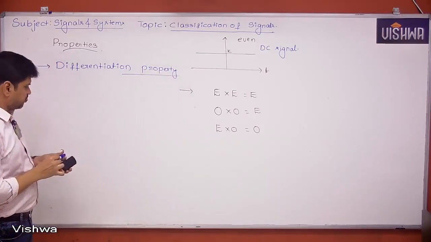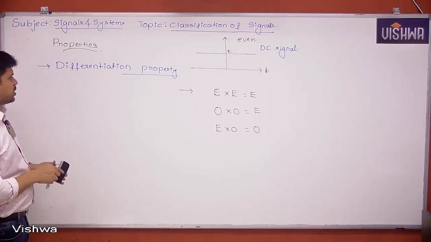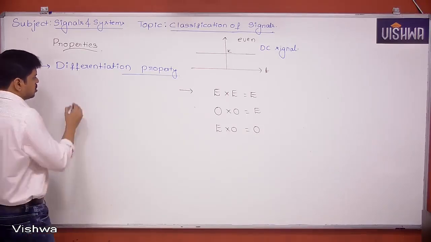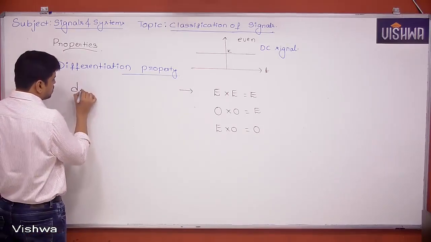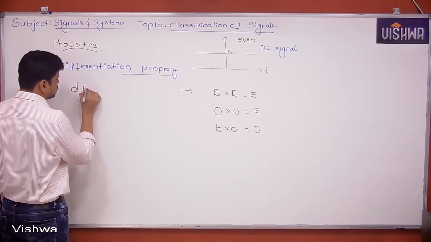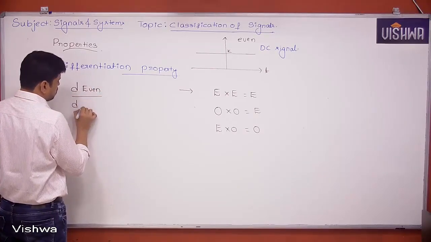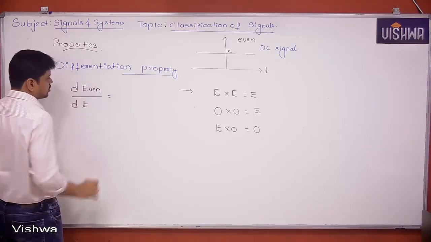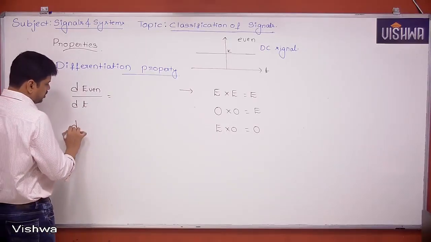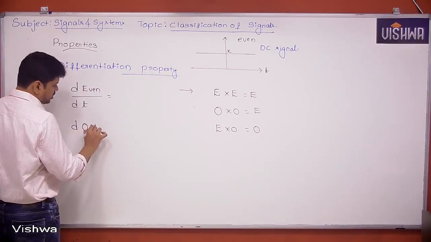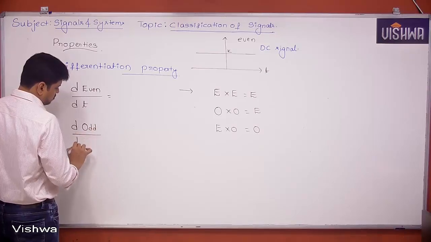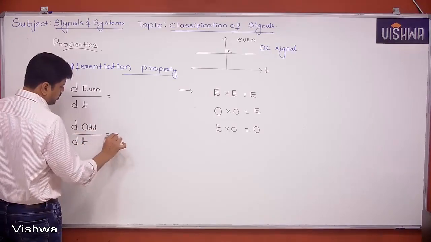Differentiation property. What is the differentiation property saying? Suppose if you differentiate an even signal, what is the result we are going to get? If you differentiate an odd signal, then what are we going to get?